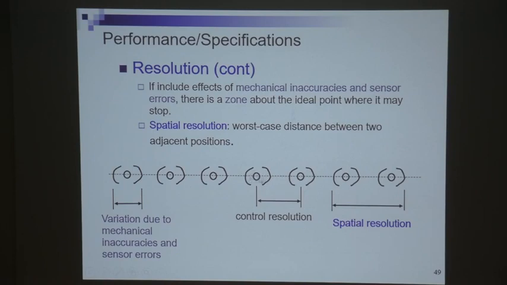This is defined as a zone. If you take this end to this end, you have the spatial resolution. So this is the control resolution, and this is the spatial resolution. For every robot manipulator, you have to know their resolutions. The resolution itself will define the quality of your robot manipulator.